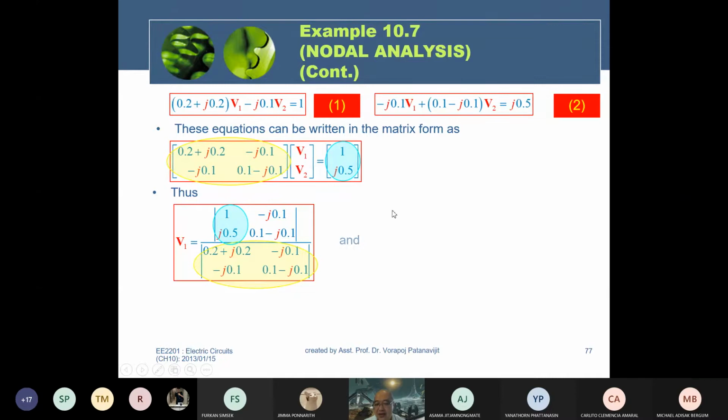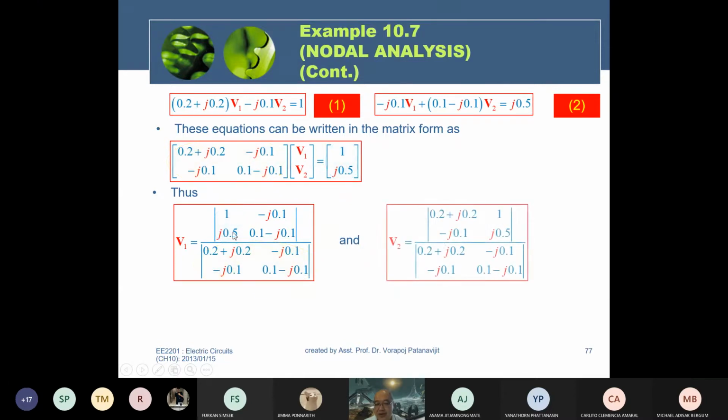For V2 it is the same: the ratio between the numerator and denominator, where the denominator is the same. For the numerator, you substitute 1 and 0.5j into the second row instead. Next, you can determine the solution.